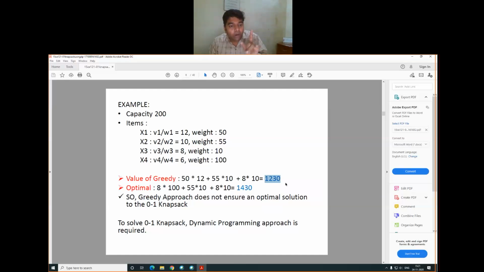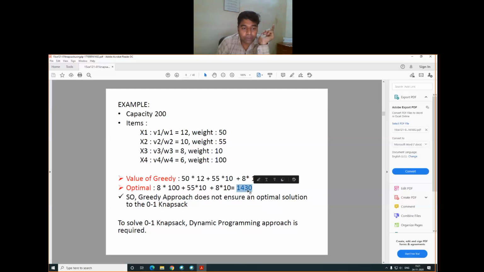But what is the optimum solution? If we take 8 of 100, meaning we take the weight like this, plus 55 into 10 and 8 into 10, then we will get the profit. So the greedy approach does not ensure an optimal solution to the 0/1 knapsack problem, because the optimal solution is 1430.